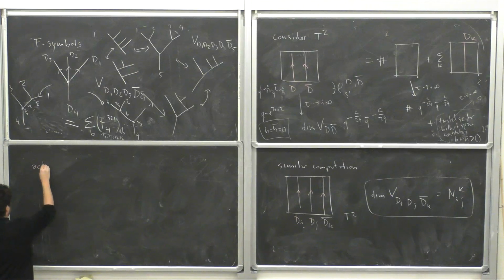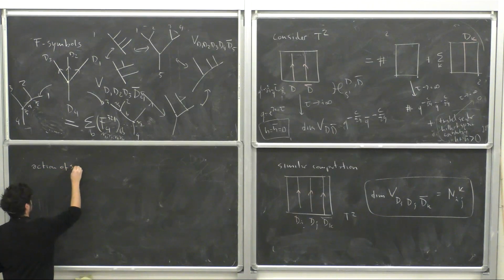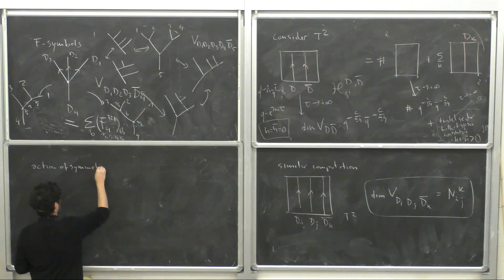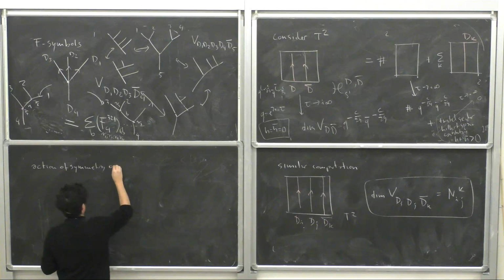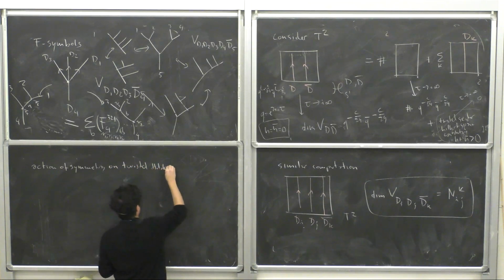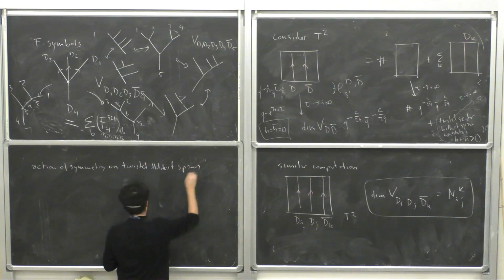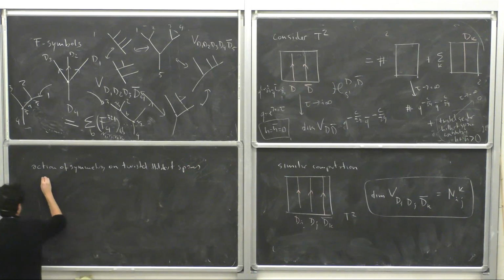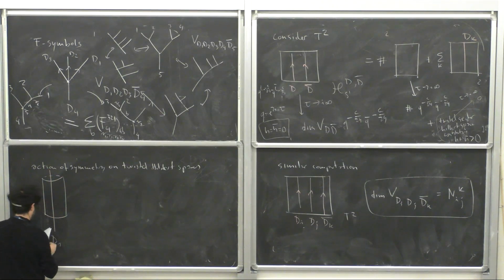So you see, if you want to act with a topological line on your twisted Hilbert space, say that you have the Hilbert space twisted by the defect T1.